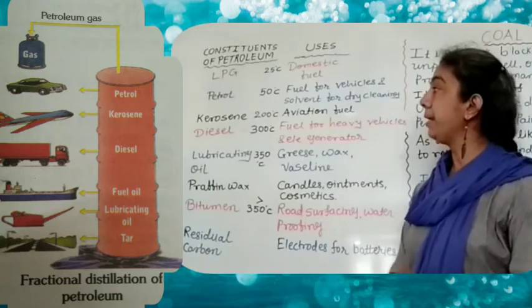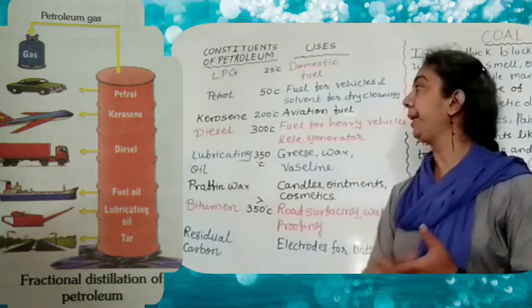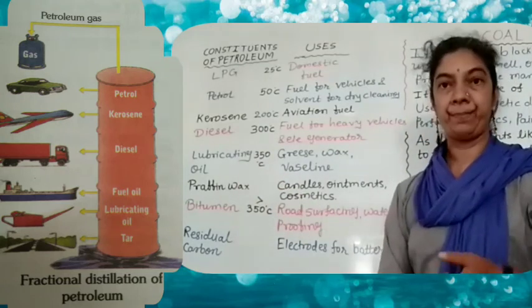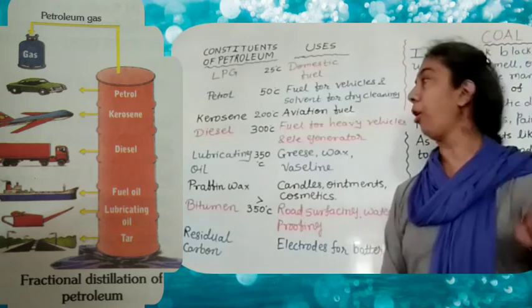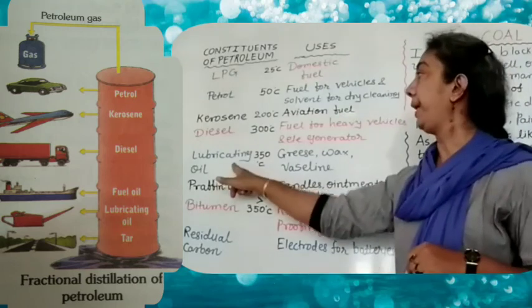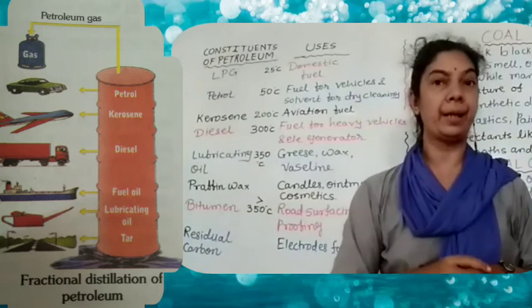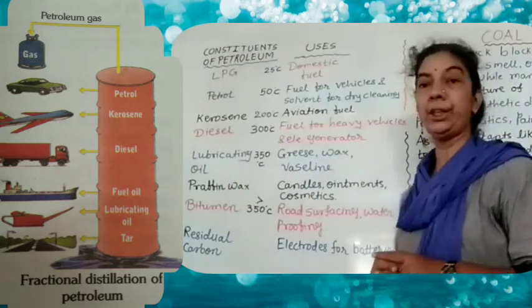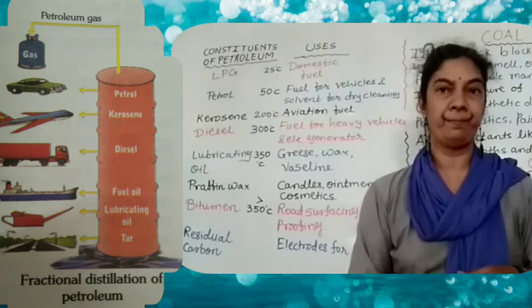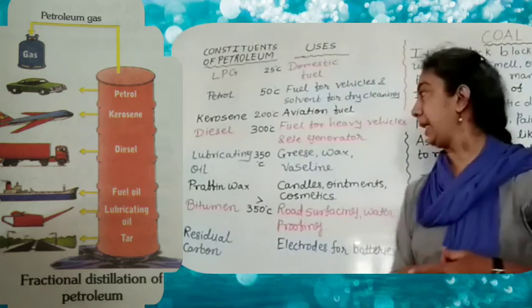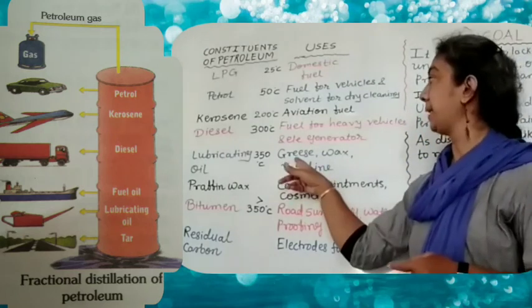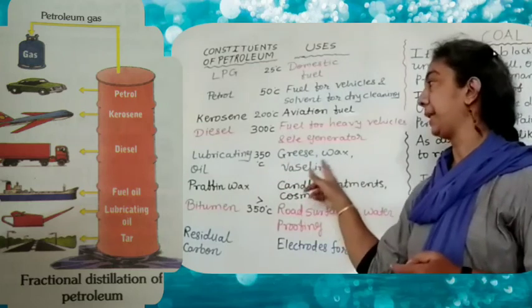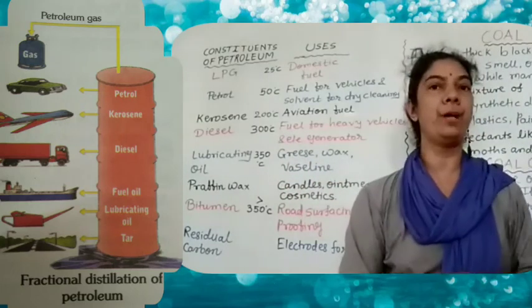At nearby 350 degrees Celsius temperature, in that fractionating column, we are obtaining lubricating oil. This lubricating oil is used for lubrication. So obviously substances like grease, wax and Vaseline are formed out of that.